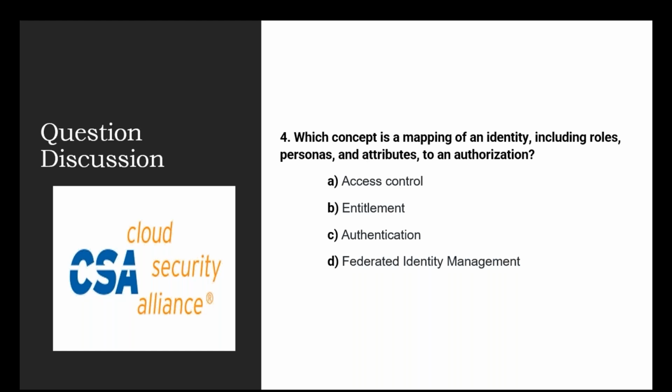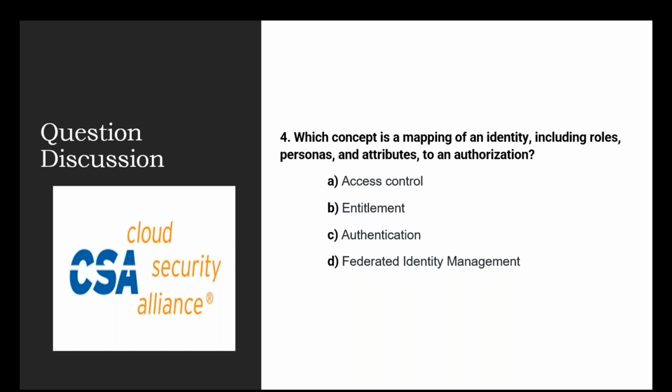Mapping of identity including the role, persona, and attributes is basically called entitlement. I can see some of you had given access control. Remember, access control will help you restrict some of the activity. But first you need to map the role based on the attribute and provide the proper authorization.